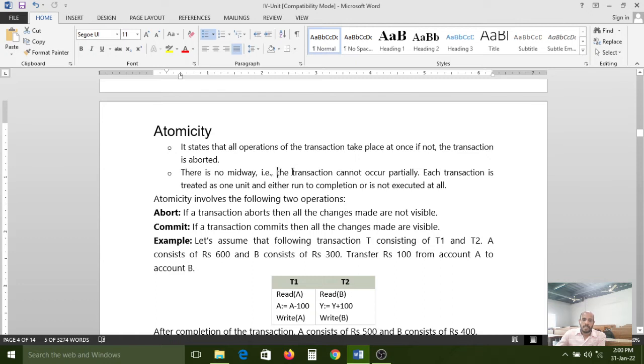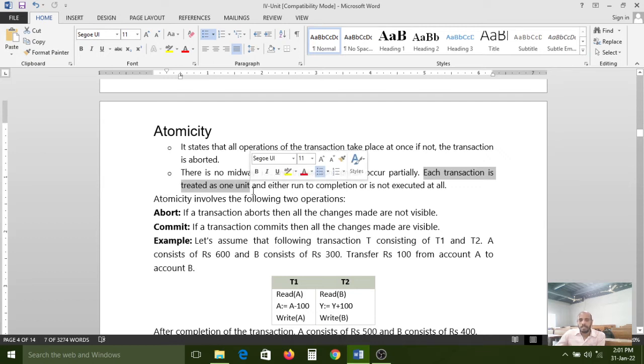That is, the transaction cannot occur partially. Nothing but half a transaction will not execute. If the transaction is executing from starting to ending and any power failure occurs, the transaction will terminate by itself and all operations should be rolled back to the original state.